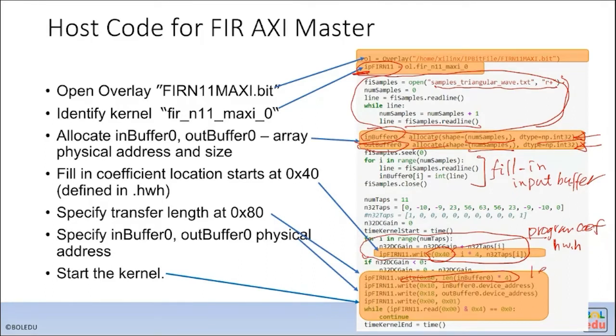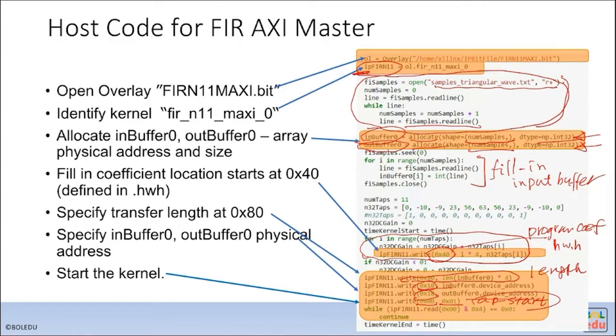A0 is the transfer length, right? If you remember, you program the transfer length, and then you program the address 10, that's the input buffer address, and 18, the output buffer address. And then you write to start 00 and B01. B01 is the AP start. So AP start must be the last.